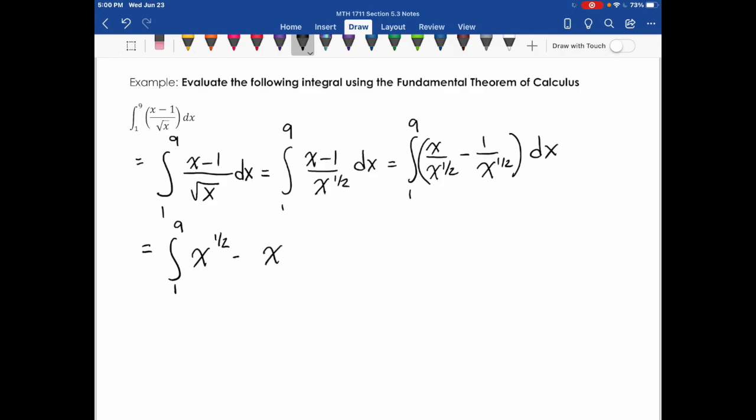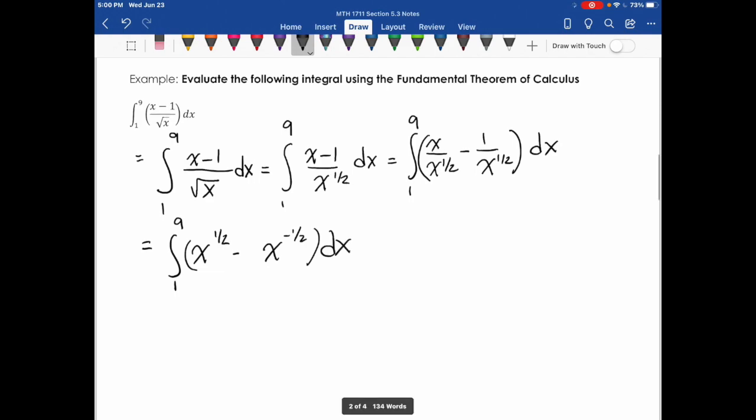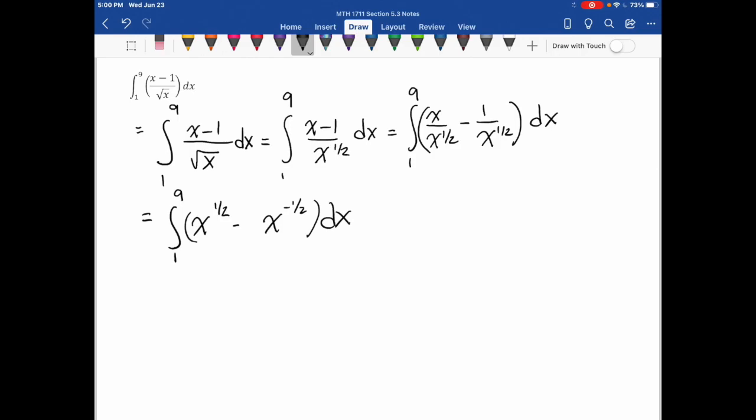And for the 1 over x to the 1/2, I'm just going to rewrite that by taking the reciprocal and writing the exponent with a negative. I personally think this will make it easier when we work backwards to find the antiderivative. So now let's find the antiderivative. If I take the antiderivative of x to the 1/2 using the power rule and working backwards, I'm going to add 1 to that exponent, and that gives me x to the 3/2, but I have to divide by the 3/2.